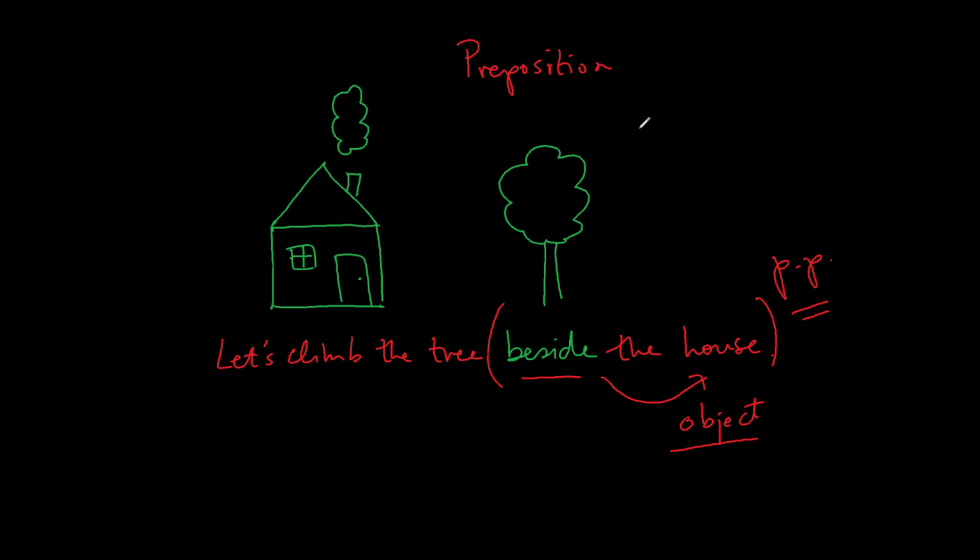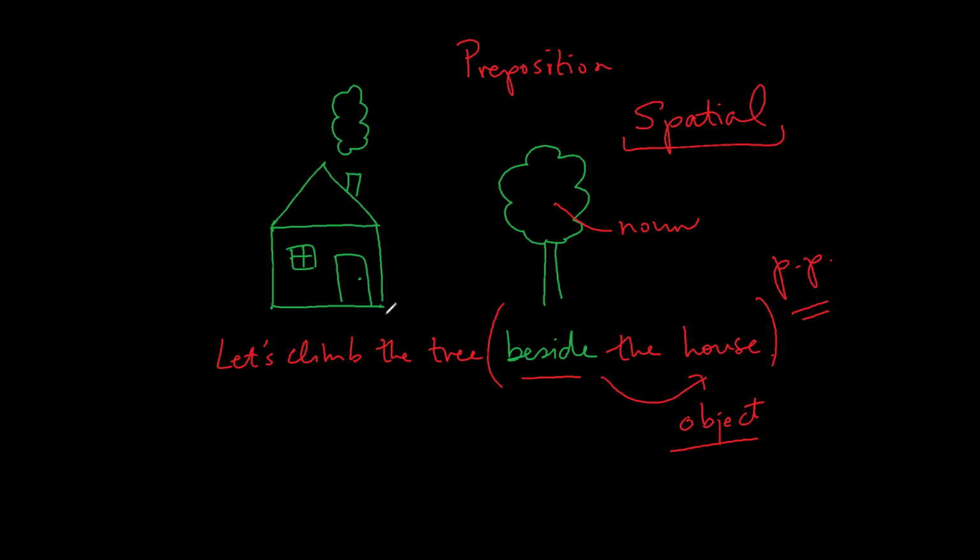The first one is the spatial preposition. And these are quite easy to think about because they relate objects in space. So if you were to take a couple of objects, and you can think of these things as nouns, so a tree is a noun, a house is a noun, then you can use all sorts of prepositions to relate them to each other.